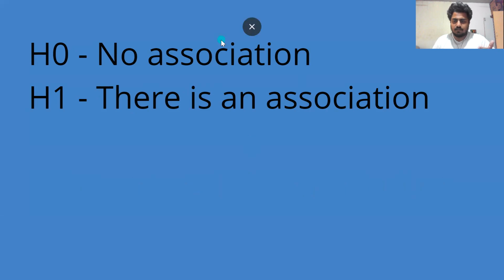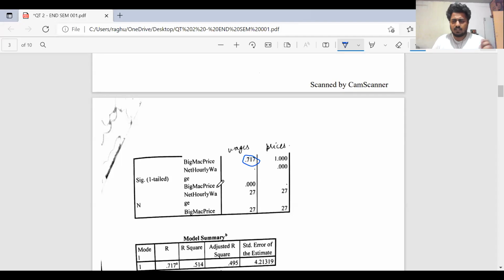Now, in order to arrive at the association, we measure it as a function of probability, because it's an output from SPSS. We use probability and not the critical values. Now the probability here is 0.000, which is pretty much 0, and by default the alpha value which SPSS considers is 5%, which is 0.05.